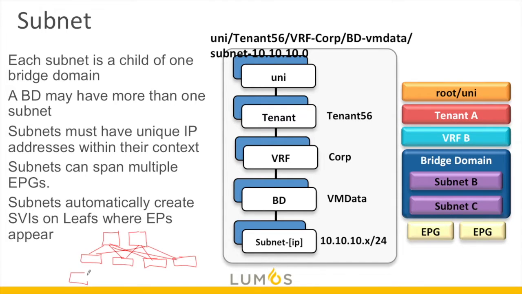If I have a device, this could be a VM or it could be a physical host, that's plugged into this leaf, my default gateway is going to exist on leaf number 1. For a host over here plugged into this leaf, my default gateway is going to exist on leaf number 2, even though they're the same IP address. That's because we have a pervasive default or anycast gateway. So our default gateway exists in whatever leaf we have endpoints attached.